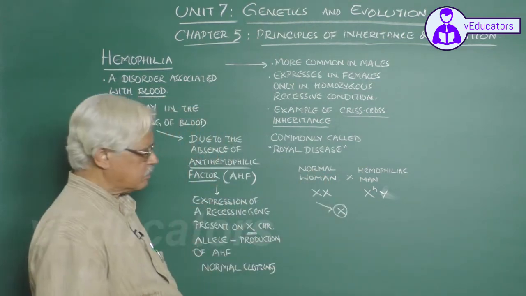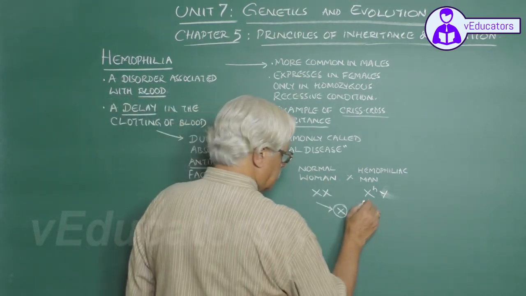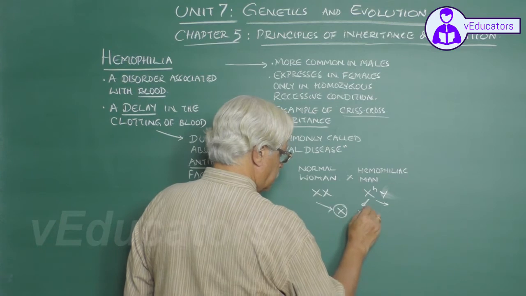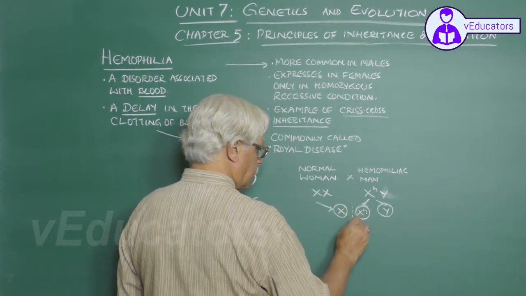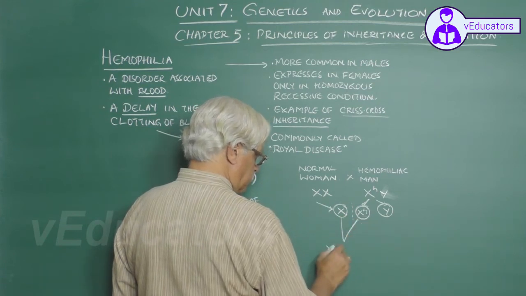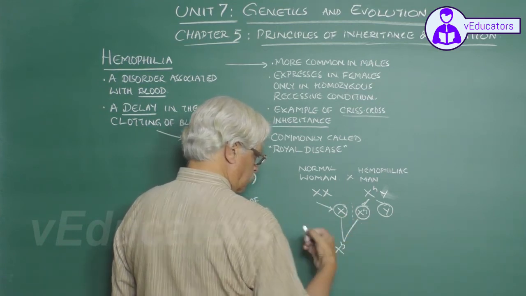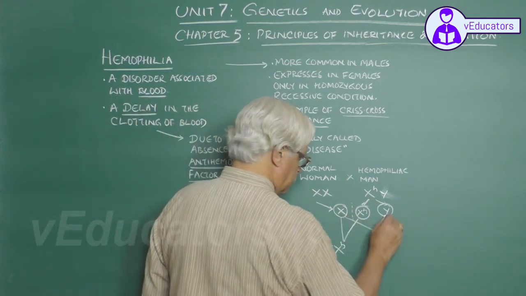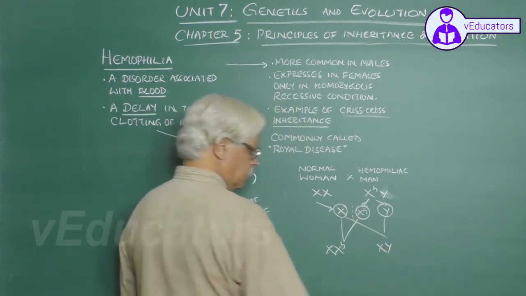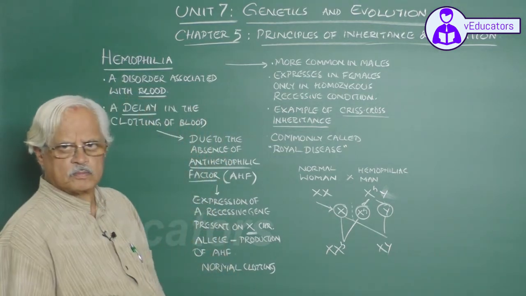Ovum will be X, sperm can be either XH or Y. If these two fuse, it will be XXH. If these two fuse, it will be XY.